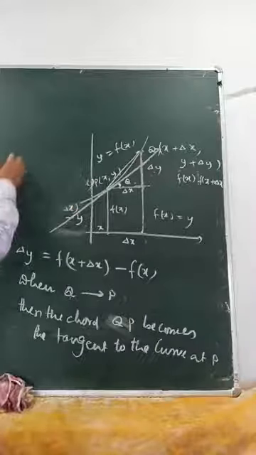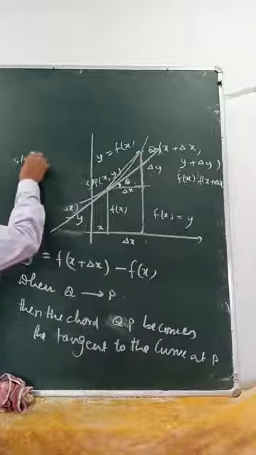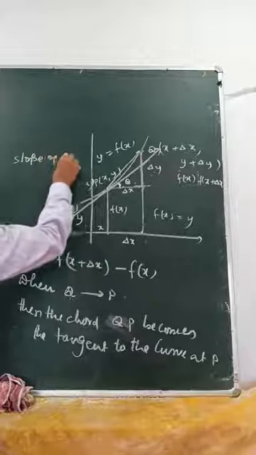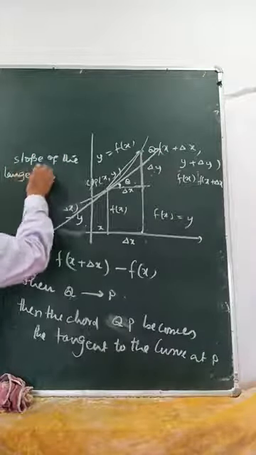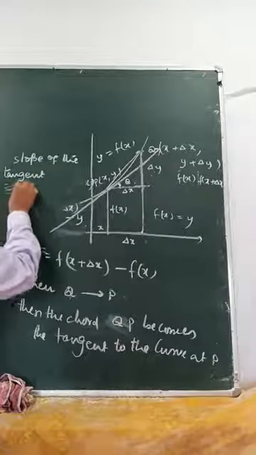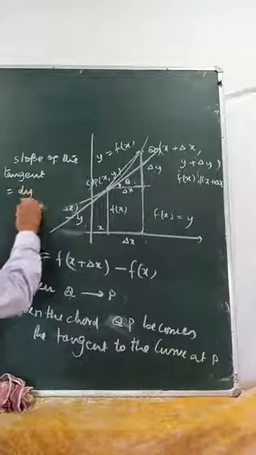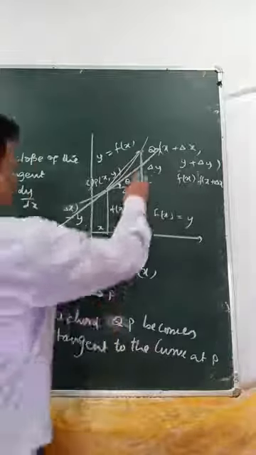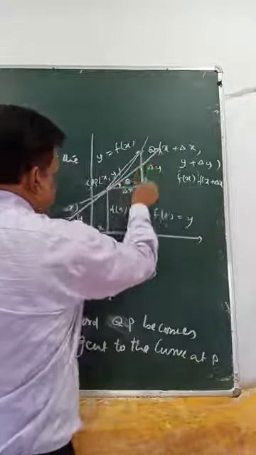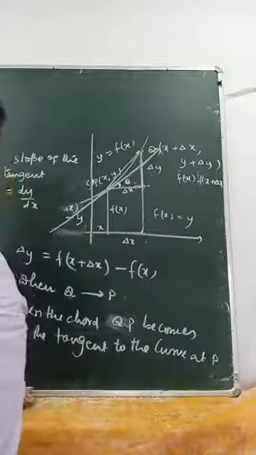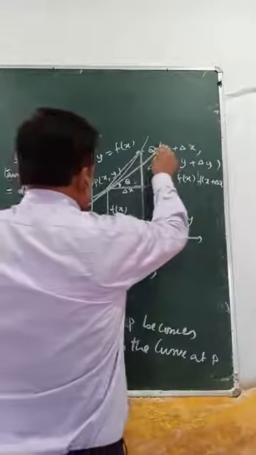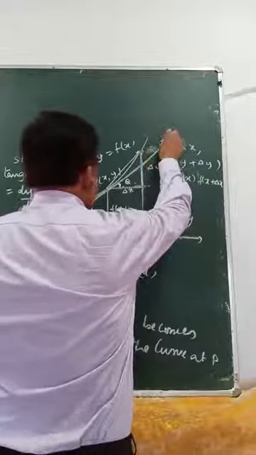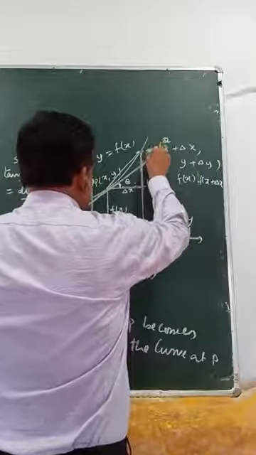Remember, the slope of the tangent is dy by dx, that is perpendicular by base. So I can find this portion, this is your delta y.